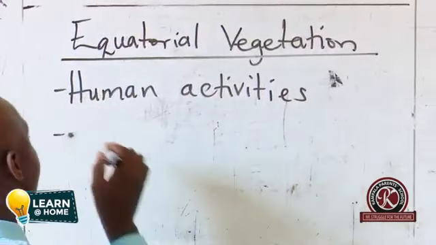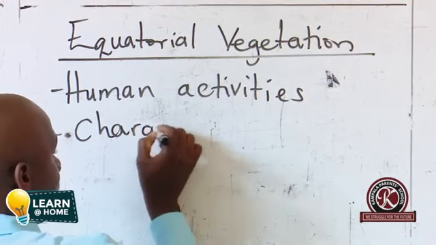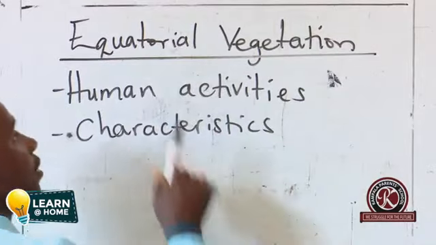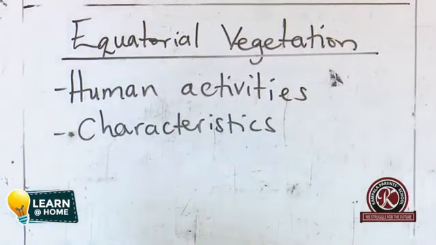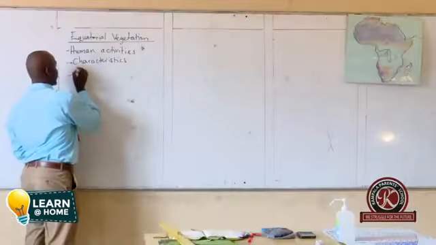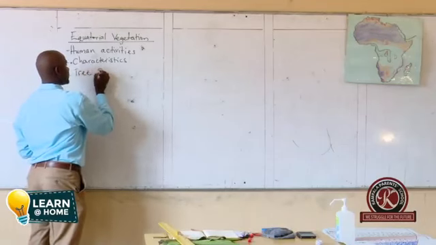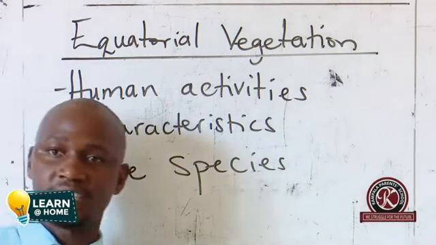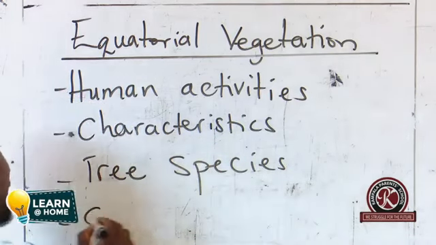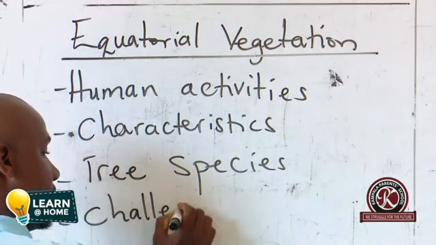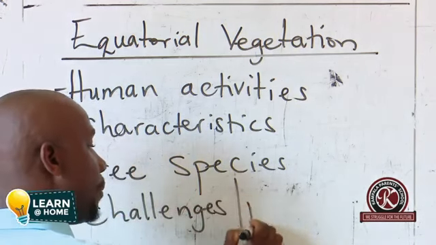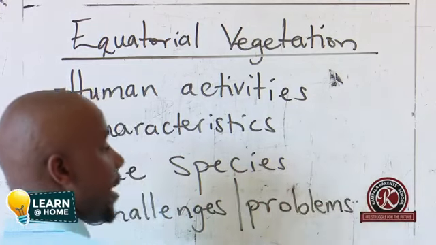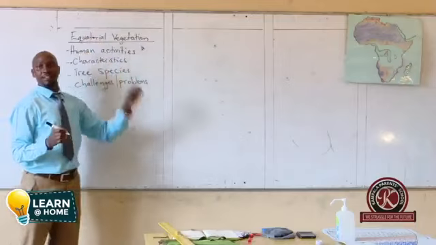Another, we shall look at the characteristics of equatorial vegetation. We shall also look at the tree species found in equatorial vegetation. We shall also look at the challenges or problems that are faced by people in the equatorial vegetation.